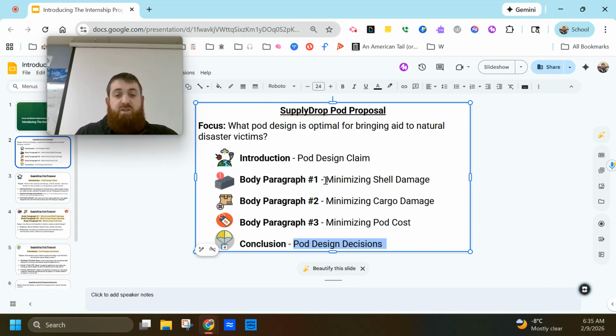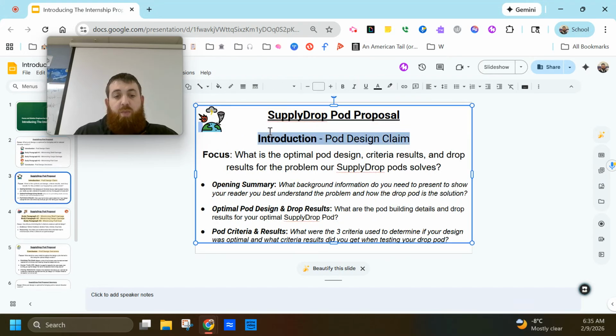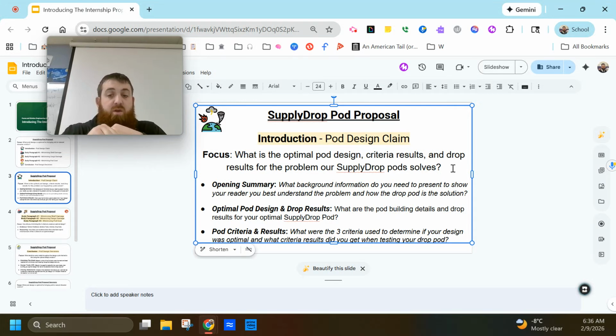Now, each of these sections is going to be broken down into multiple subsections, starting with the introduction. So, your pod claim. The claim itself will focus on what is the optimal pod design, criteria results, and drop results for the problem our SupplyDrop pods solves. So for this, you're focusing on essentially what did you build your pod with?